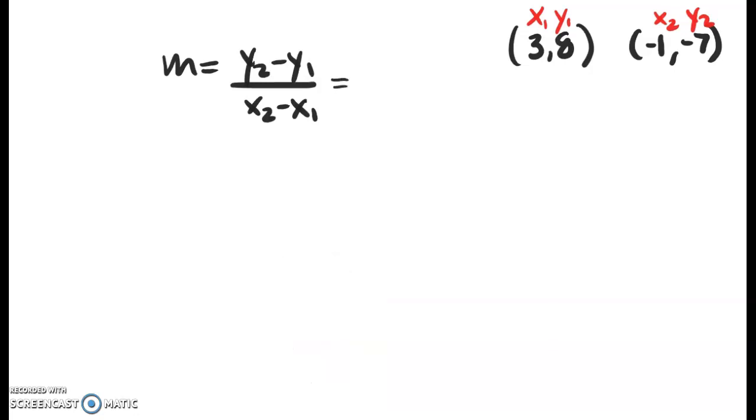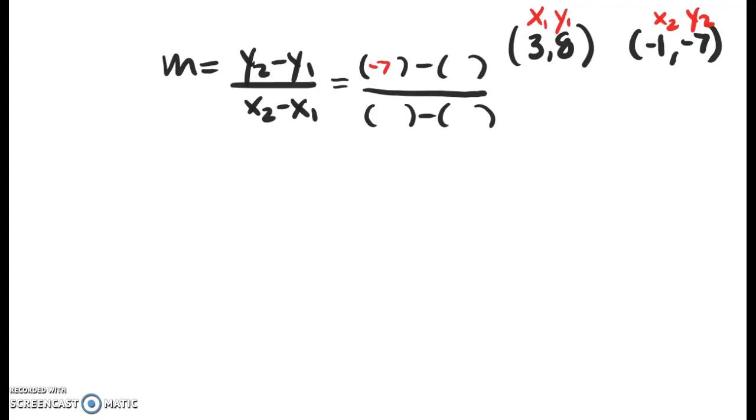All right, so y2 I called -7. And a lot of times I like to put parentheses around it, because when you're dealing with negatives, it can get confusing. The formula has a minus sign in between, so don't forget that that's already there, and then you put in the negative sign. So you have to take that negative sign with you.